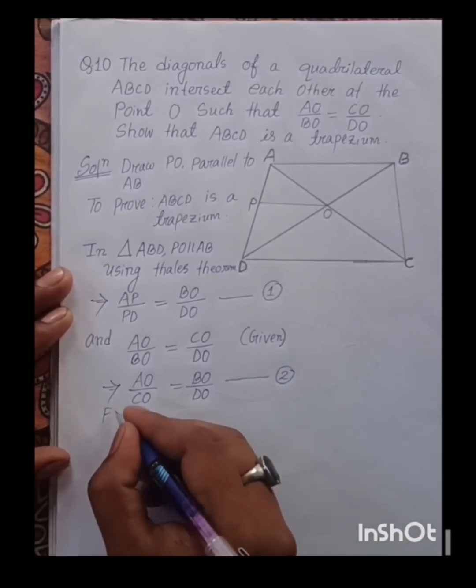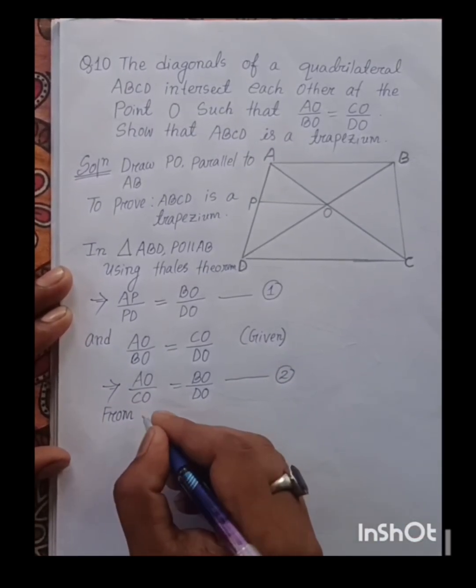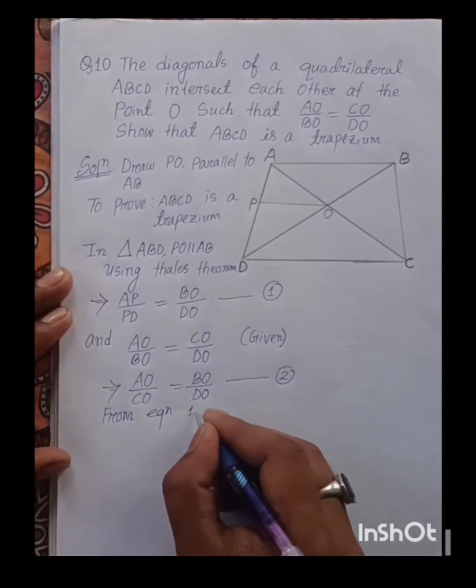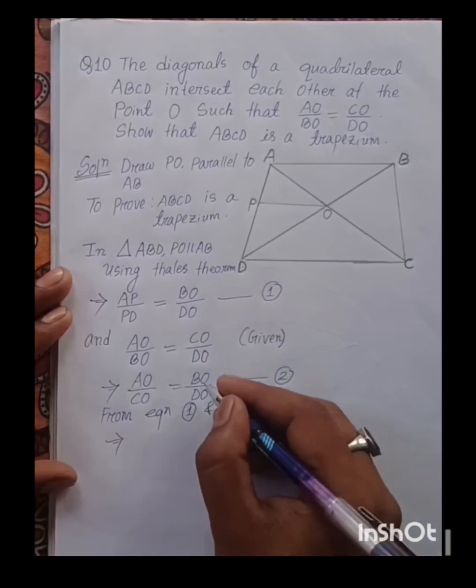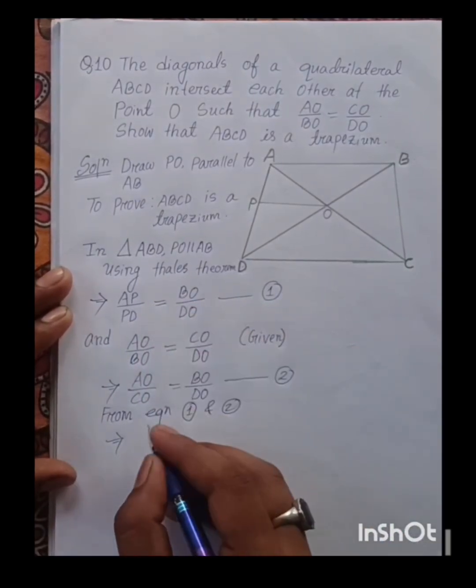Now from equation number 1 and 2, this same ratio you don't write, just these two you compare.